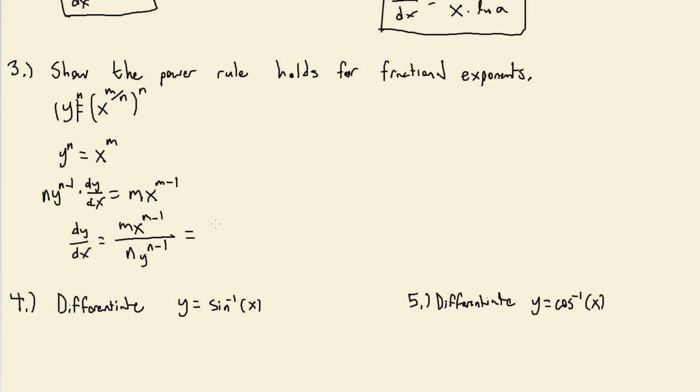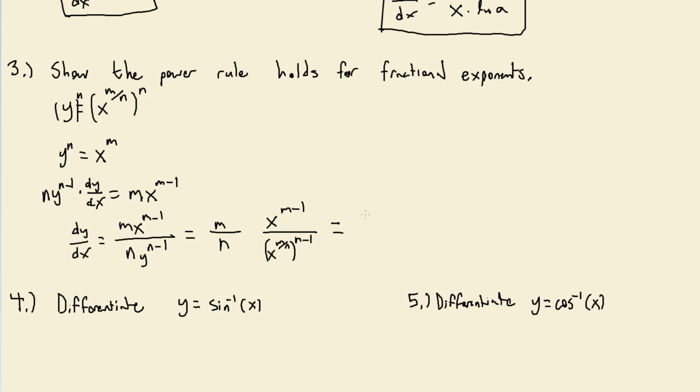This is equal to, and I'll factor out this m over n here, and we would have x to the power of m minus 1. So our y is x to the power of m over n, x to the power of m over n to the power of n minus 1. And then this is just a matter of multiplying these exponents and then subtracting.